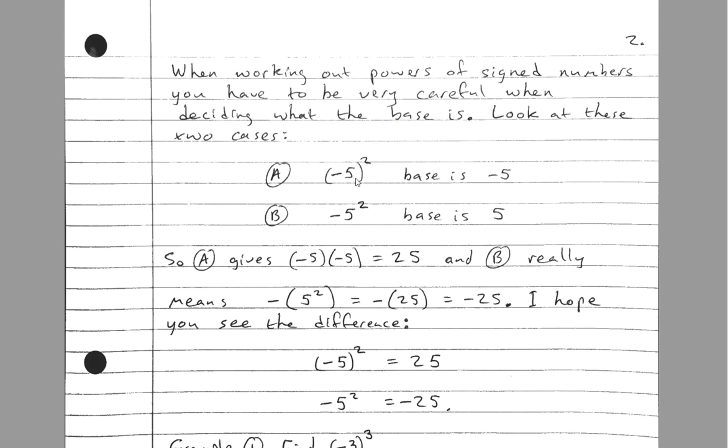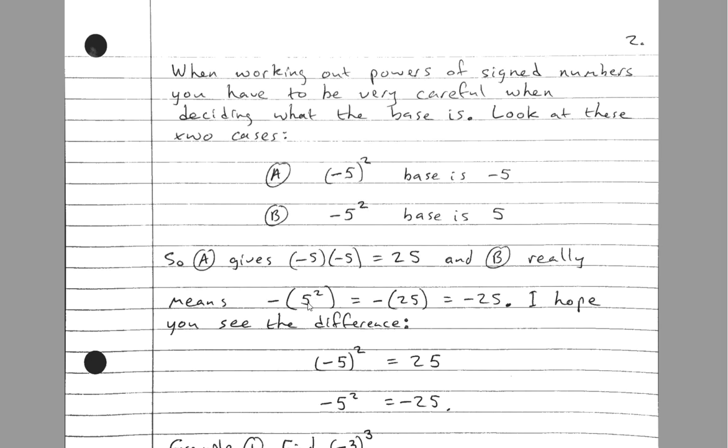Here the base is -5. So in A, this means -5 squared, so -5 times -5. They have the same sign, so the answer is positive 25. In B, the base is just 5.